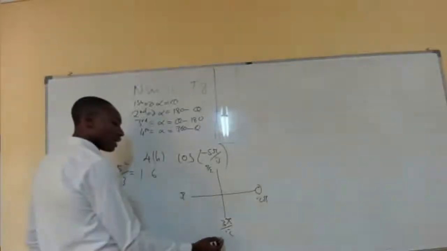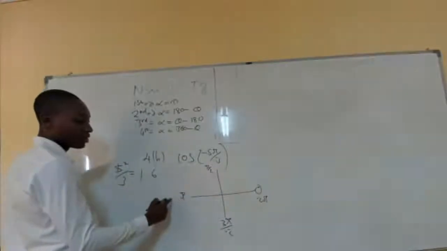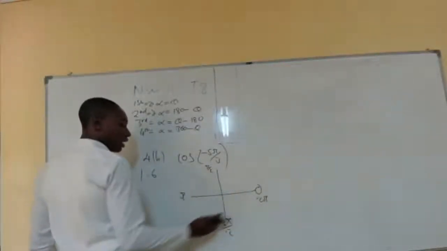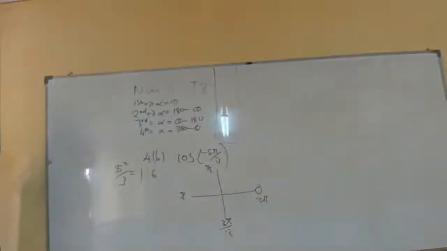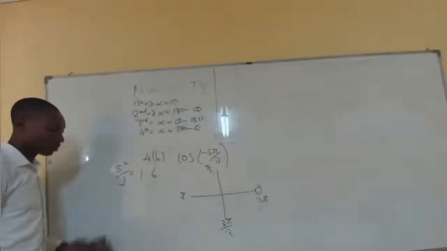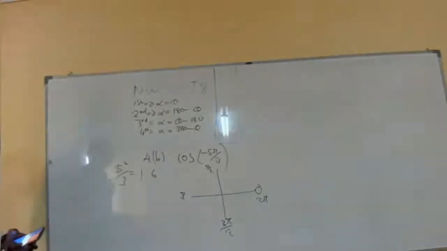Remember, this is 0.5, this is 1, this is 1.5, so 1.6 is here. If you are going in the negative direction and you are looking for 1.6, so you are looking for 5 pi over 3, where is it going to be?